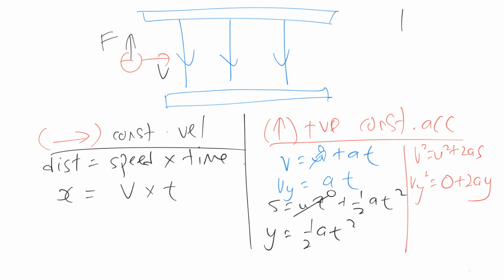Remember from the formula F equals ma, we can find the acceleration because the force is electric force, which is EQ. So from this equation, we will be able to find the acceleration. And it's this value of acceleration that you must substitute in each of these formulas. You understand? So that is how you solve projectile motion.